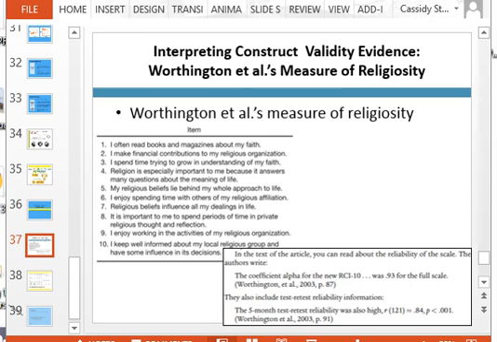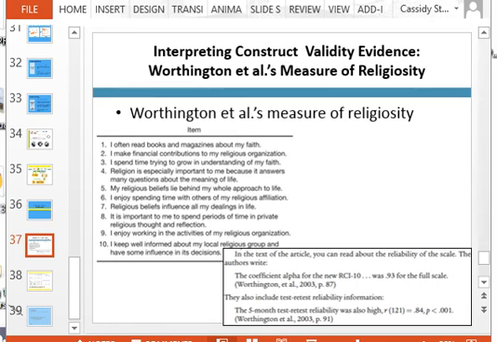So there will be measures of test-retest reliability. Here we have a study which is looking at religiosity. This is a researcher who has developed a set of questions. Here are the questions on the left, and these questions are designed to assess how religious somebody is.